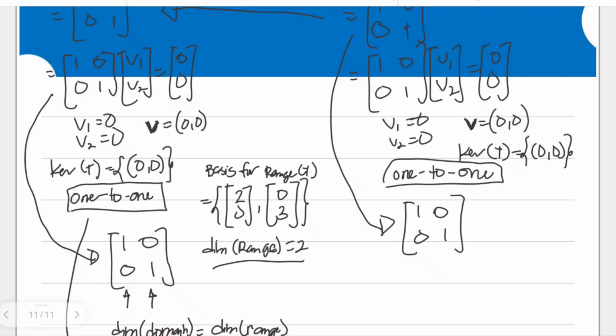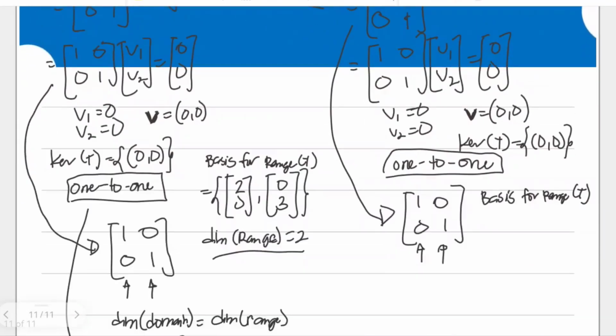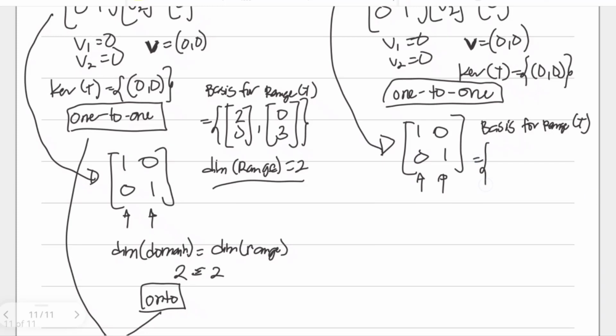So with this, we have two columns with leading 1. So the basis for the range of T of the second matrix, we'll have this 1, 0, 1/4, and 1. By the way, why do I keep on repeating this process where I can automatically declare that the dimension of range is 2?